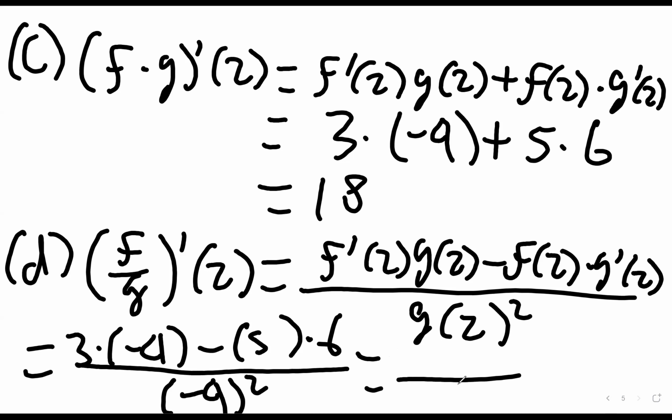Of course, we have 16. And in this case, we have minus 12 minus 30 is minus 42. And if I divide it by 2, I have minus 21 over 8 there. Okay, that's the value of the derivative of f over g.